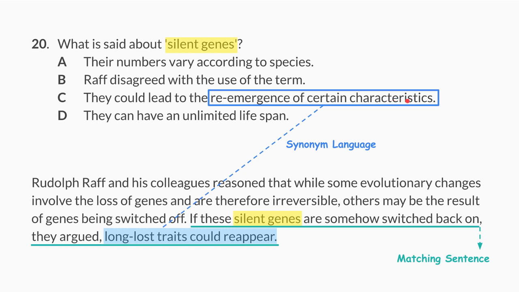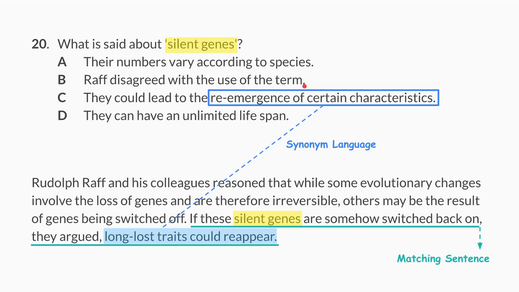I have not really found other keywords. I do see something about Raff here. I can go ahead and read this. Why not? Rudolf Raff and his colleagues reasoned that while evolutionary changes involve the loss of genes and are therefore irreversible, others may be the result of genes being switched off. Does it say anywhere that Raff disagreed with the use of the term? It doesn't, right?